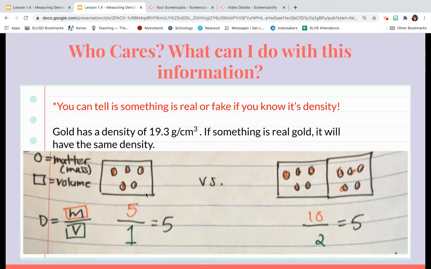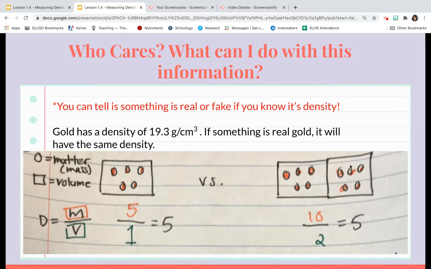Here I have a picture to show you mathematically why density doesn't change depending on the size. So if I look at one box of a particle or a thing that has a density of 5, let's say its mass is 5 because it has 5 of these mass or matter pieces, and then one box represents the volume. All right, so 5 divided by 1 is 5, so that's the density. But if I make this object that's made of the same stuff twice as large, like on this side, now my mass is going to be 2 times as much, right?